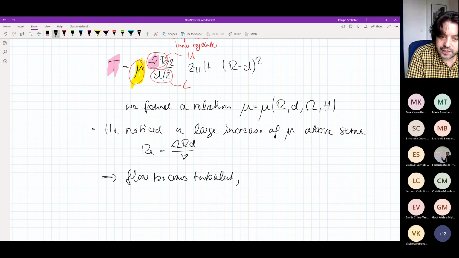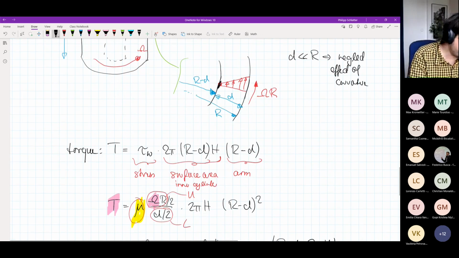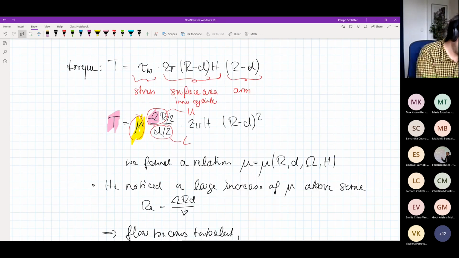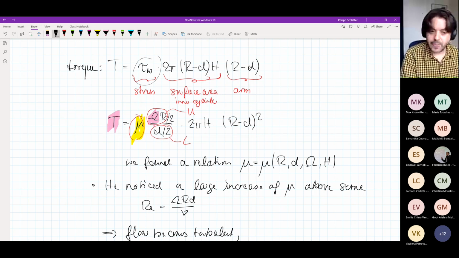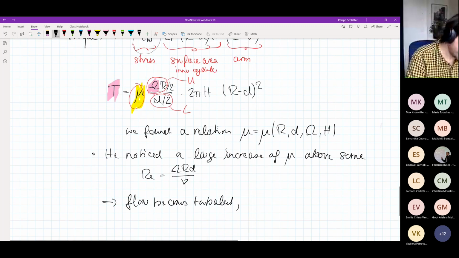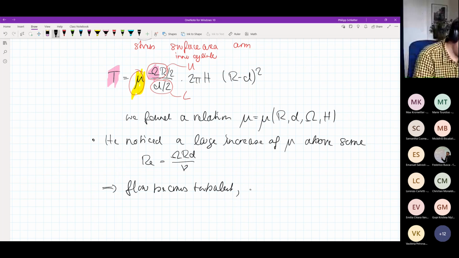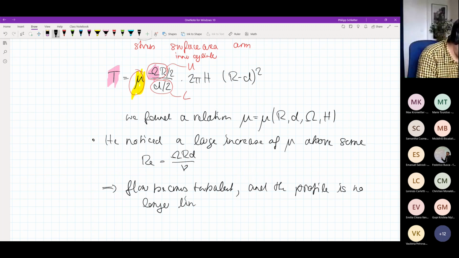You have fluctuations, which means that the velocity profile is not linear anymore. So the assumption of how to calculate the wall shear stress based on a linear profile is not correct anymore. But it also means that perhaps there were some other modifications in the viscosity that changed everything. But the main aspect here is that the flow becomes turbulent and the profile is no longer linear.